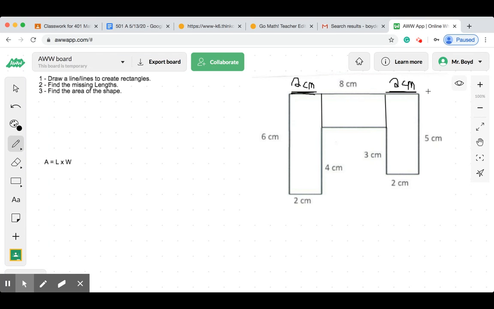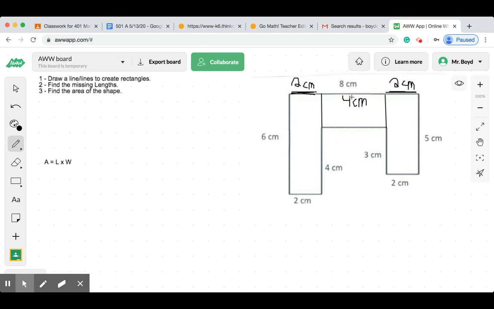Now I know the whole length has to be 8 centimeters. So if I already have 4 centimeters, I will need another 4 centimeters in order for this line to equal 8 centimeters. 2 plus 4 is 6. 4 plus 2 equals 8. So I know my missing length right here is 4 centimeters.